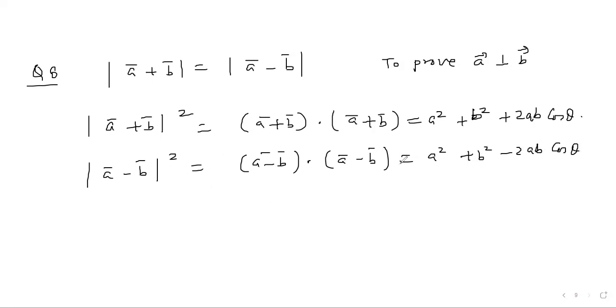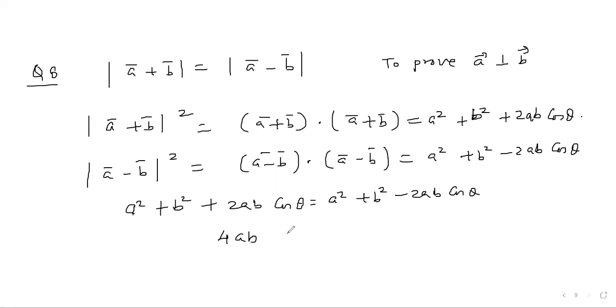Since the two values are equal, we equate A square plus B square plus 2AB cos theta to A square plus B square minus 2AB cos theta. From where we get 4AB cos theta equal to 0. A and B can't be 0, so cos theta equals 0. So theta is 90. That is our purpose.